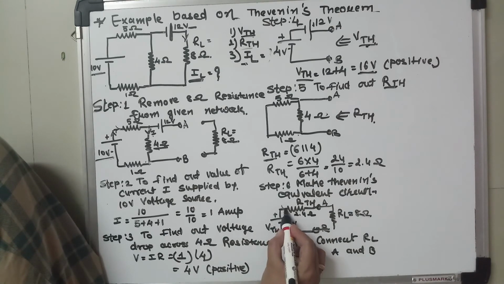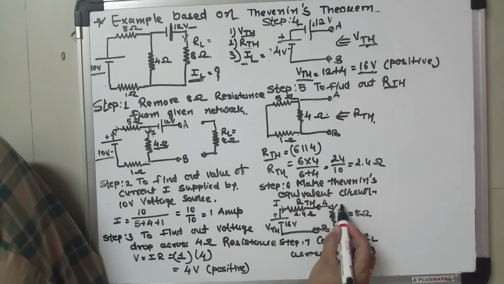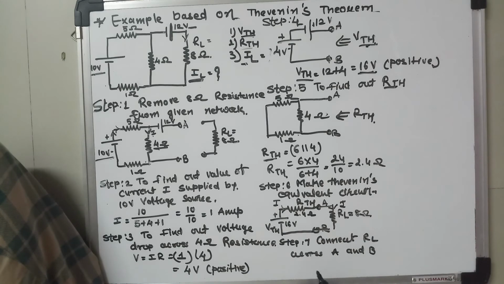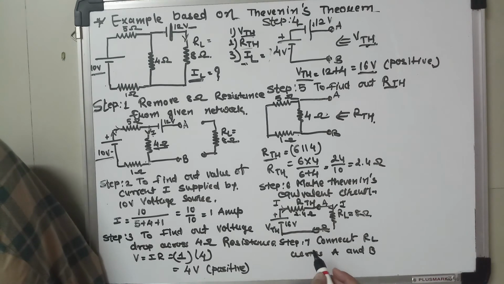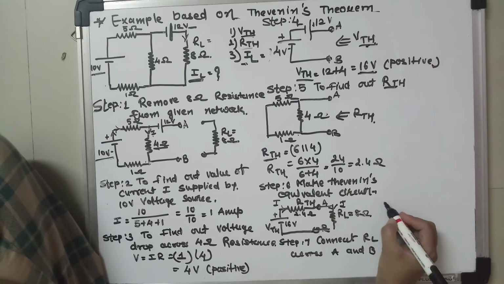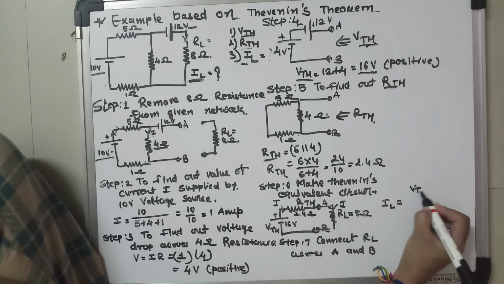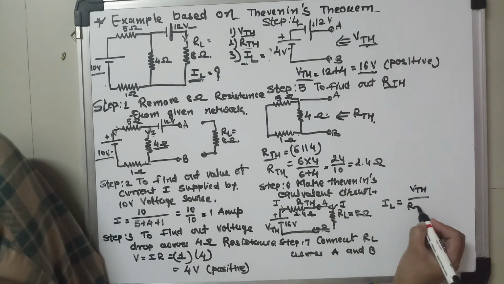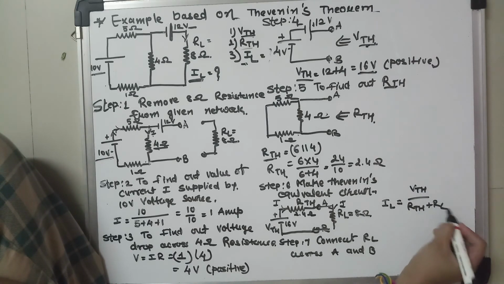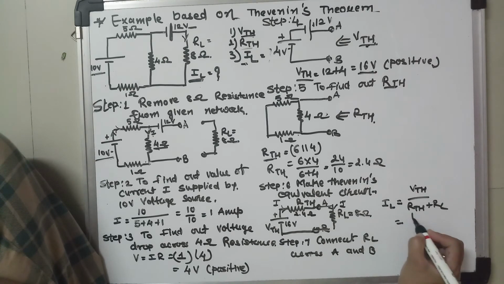So now you can easily find the value of the current passing through the RL by applying Ohm's law. See here, RTH and RL are both connected in series in this loop, and VTH is 16 volt. So IL is equal to VTH divided by RTH plus RL. VTH is equal to 16, and RTH plus RL is 2.4 plus 8.